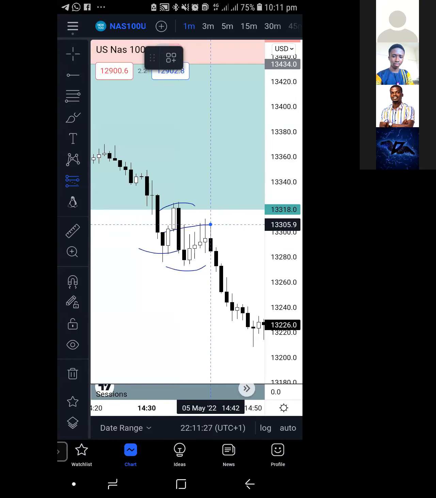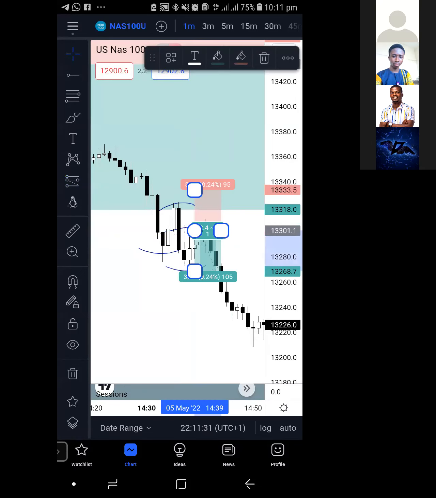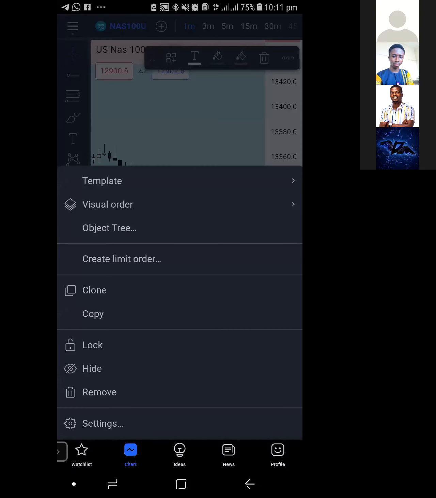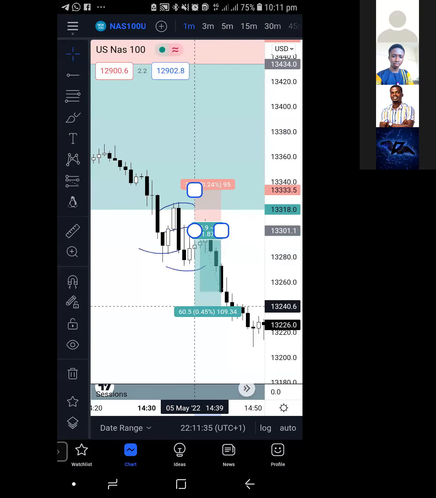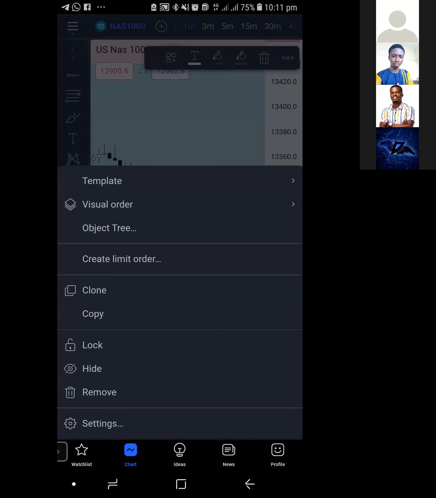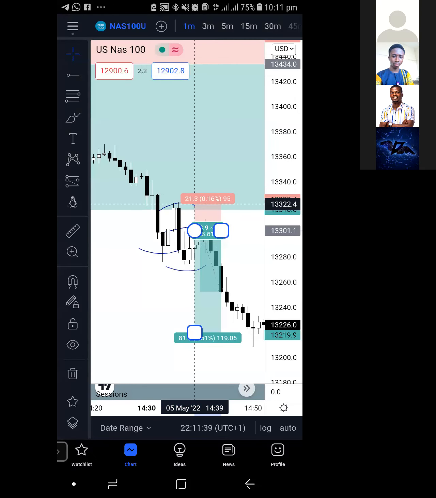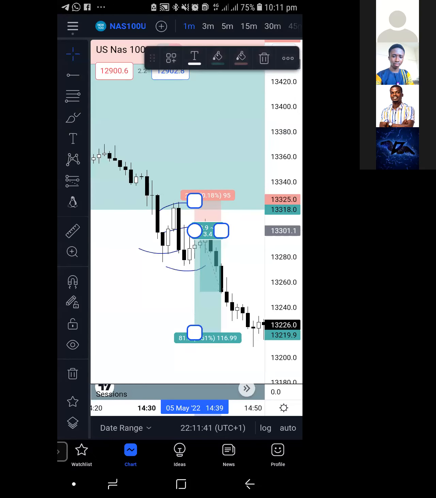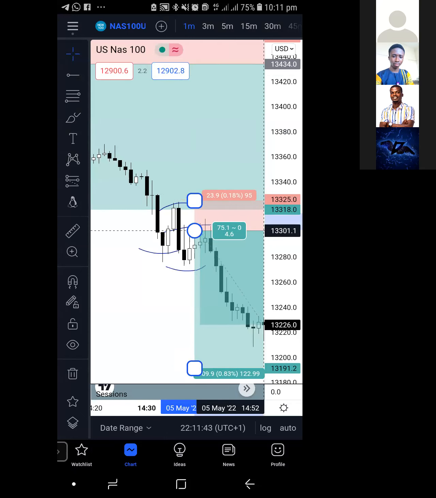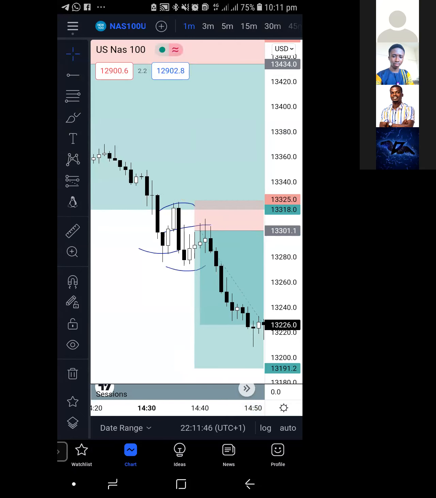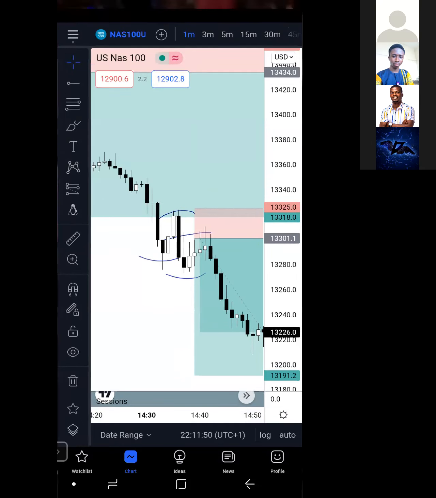Like I used to say, I split my risk. The first money I wanted to put into it was on the 3 minutes, and then I decided to take this risk by putting the second one here, and that was how I took the second trade. You understand? So that was how I took the trade on Nasdaq today.